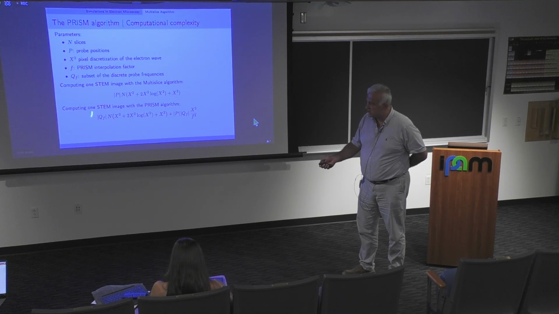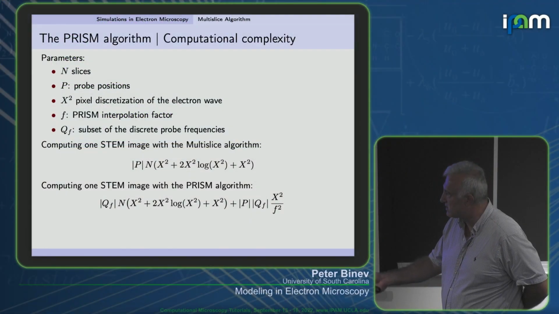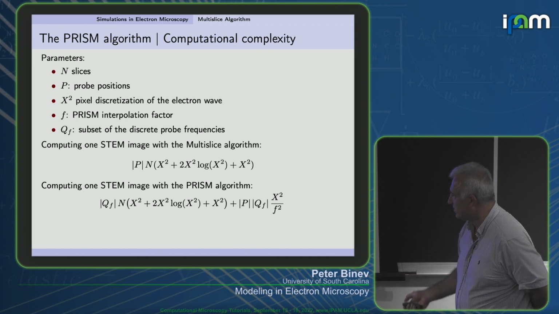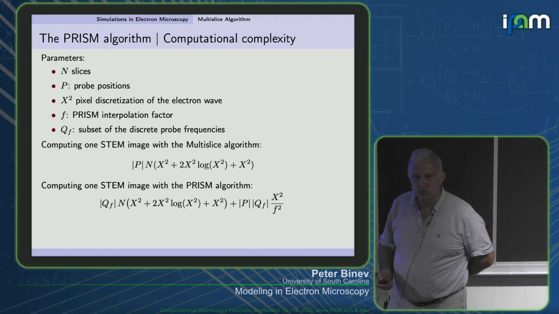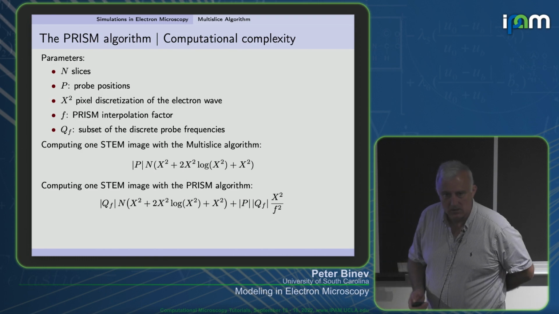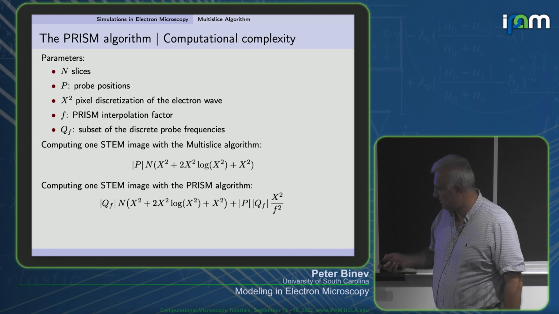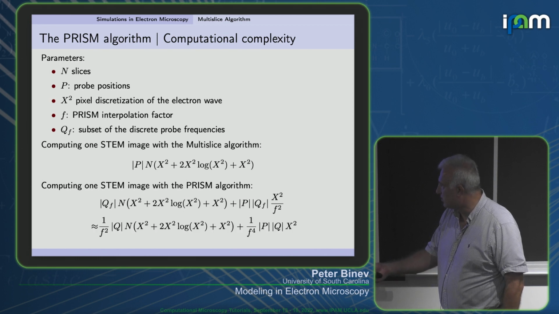This number is essentially smaller than the other one, because Qf is much smaller, and the number of P positions is affected by that factor. I think that if you apply PRISM even for f equals 1, this is still an advantage because of the calculations.